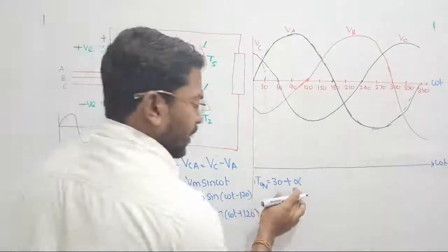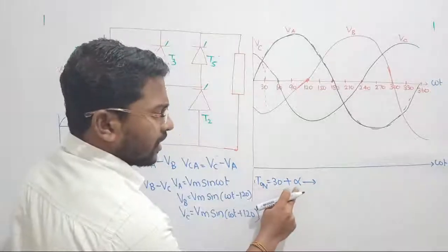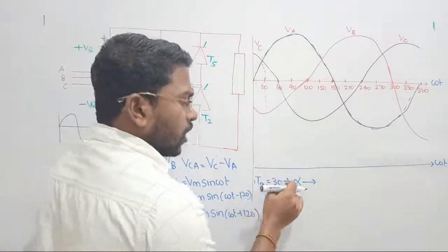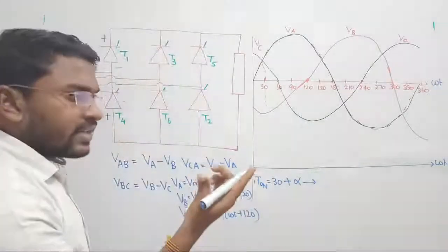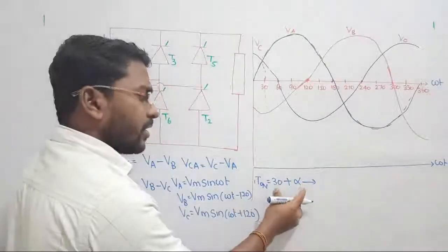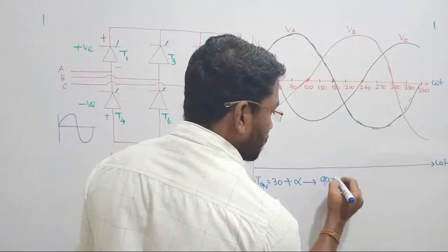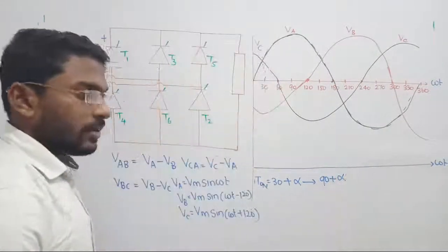If the first thyristor is triggered at 30 plus alpha, then after 60 degree you turn on the next thyristor, so the next thyristor will be triggered at 90 plus alpha. Is there any mistake in my conclusion? No.